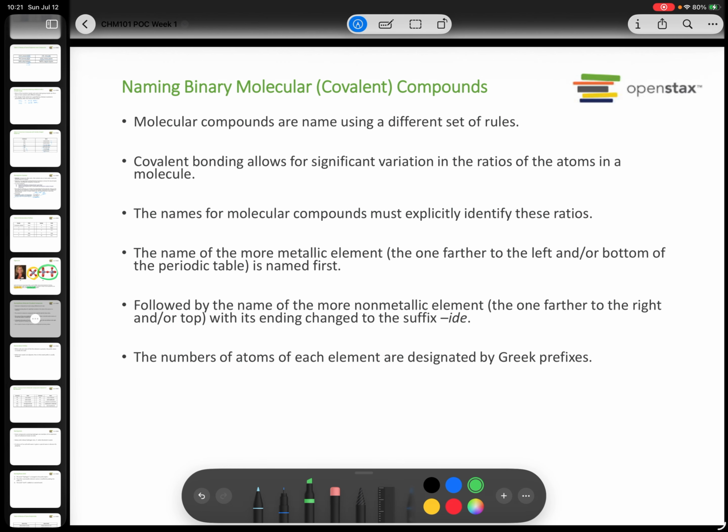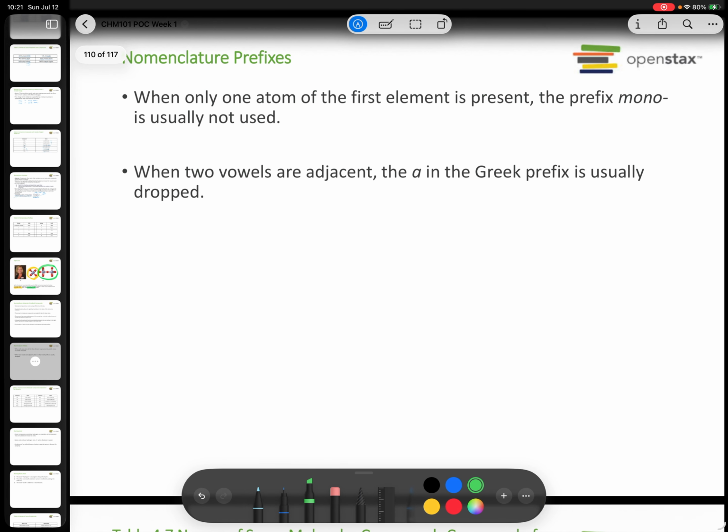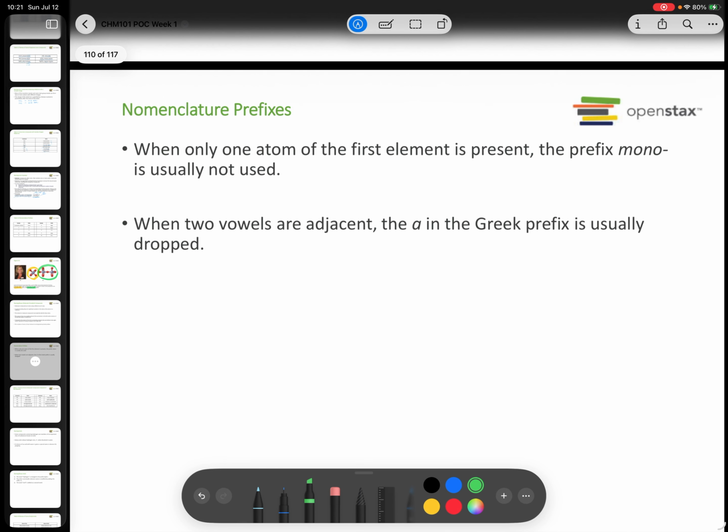So, paano natin siya ma-apply? So, there are two important prefix rules, no, sa molecular compounds. First, if there is only one atom of the first element, we usually do not use mono, no? Hindi na siya nilalagay. For example, carbon monoxide. Diba ganyan siya? Carbon monoxide. Hindi na natin siya nilalagay ng monocarbon monoxide, no?